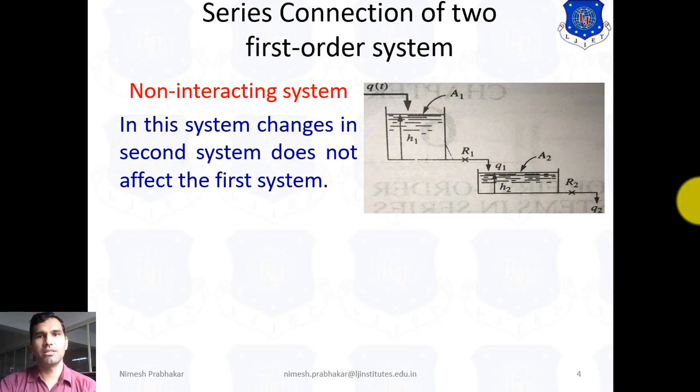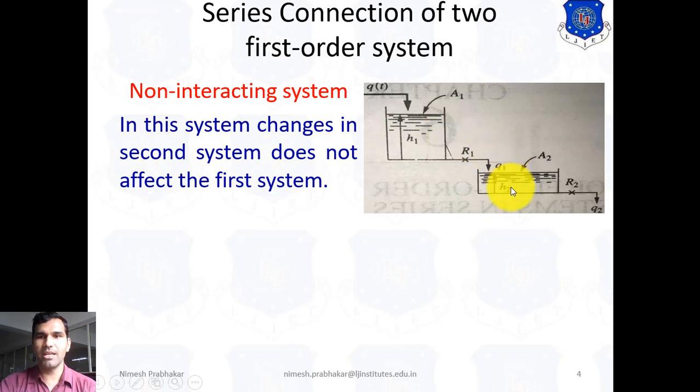We understand this with the help of an example. Here, this is a first order system and this is also a first order system. We take the example of a liquid tank system, and these two tanks are connected in series. A change in the second system does not affect the first system.